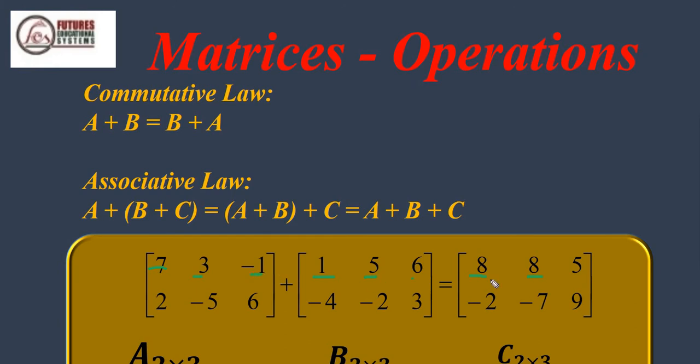Negative 1 plus 6 equals 5. 2 plus negative 4, the result is negative 2. Negative 5 plus negative 2, the result is negative 7. 6 plus 3, the result is 9.